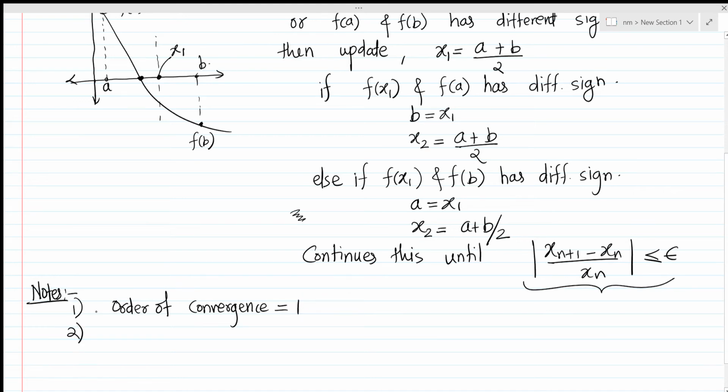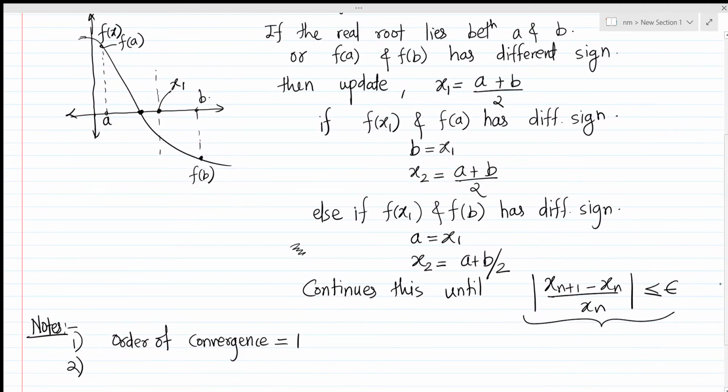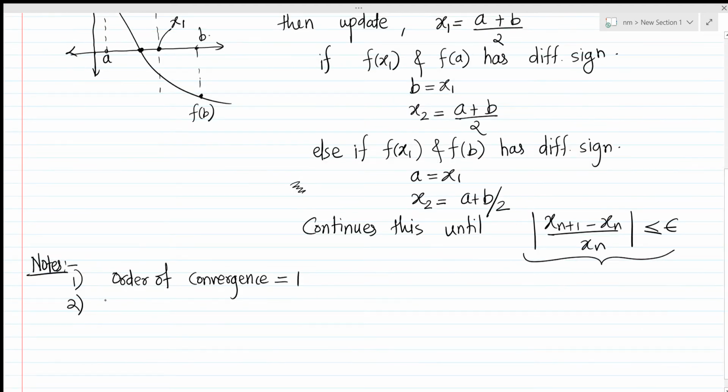Second, after the nth step, the step size is (b minus a) divided by 2^n.